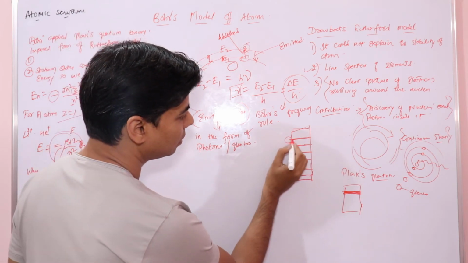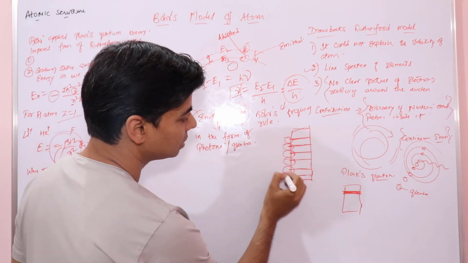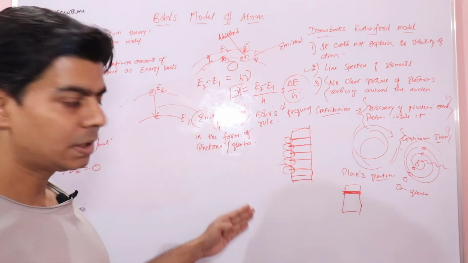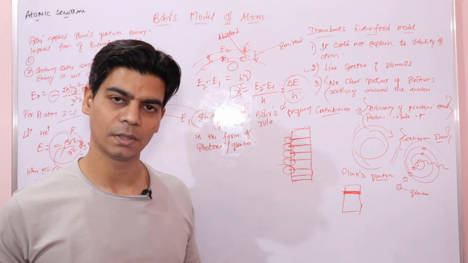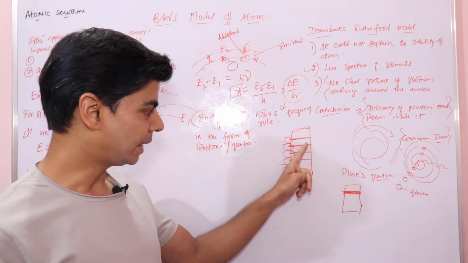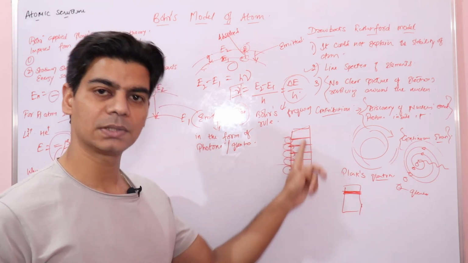So these lines correspond to these emitted packets of energy. That is why you get lines in the spectra of elements.